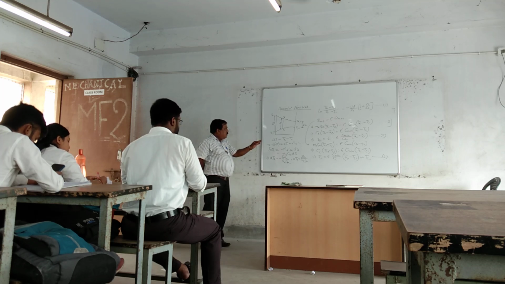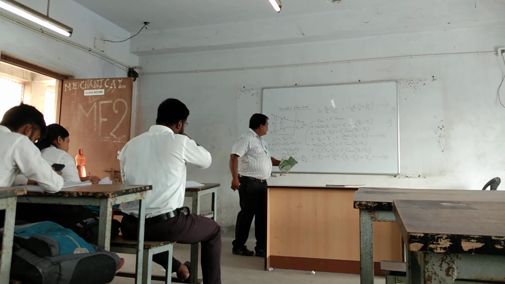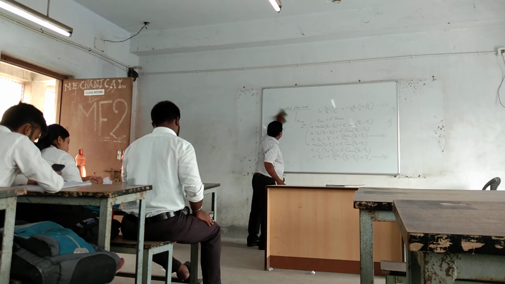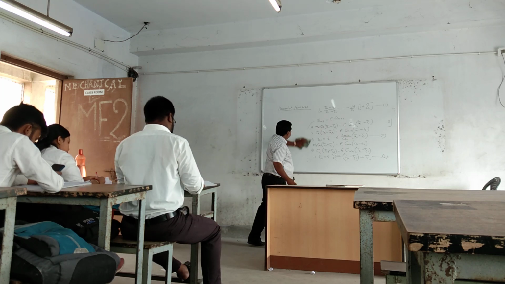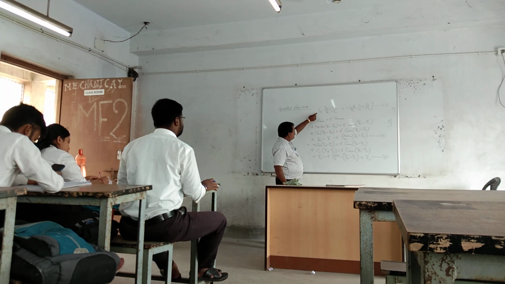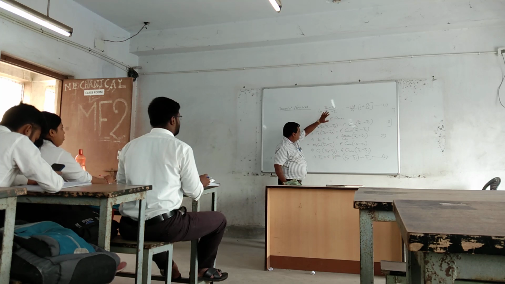Now we shall put the value of THO and TCO from 2 and 3 into equation number 1. Just simply put the values. In equation number 1, we shall put the value of THO and the value of TCO.